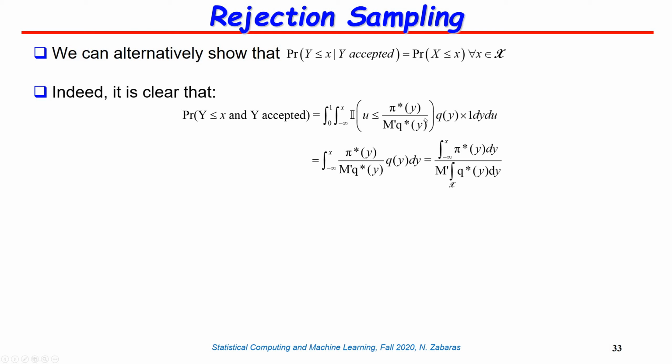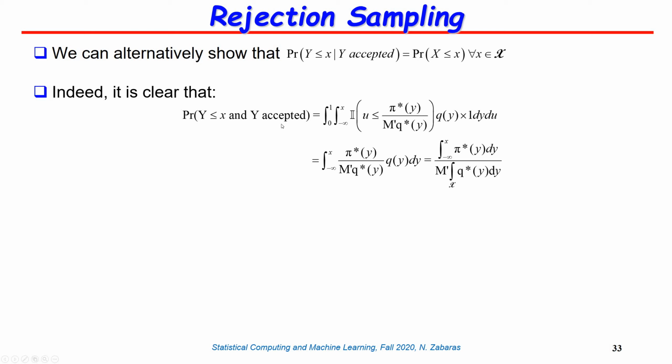And y accepted, I write it using this indicator function: y is accepted when u is less than pi star divided by m star q star of y. If it is not accepted, this is 0. So I have u coming from the uniform distribution. This is my indicator function.